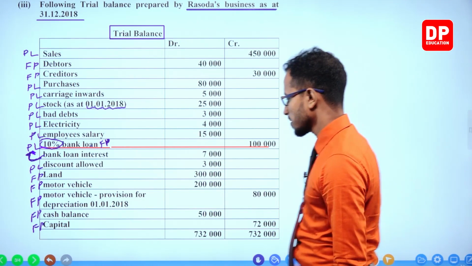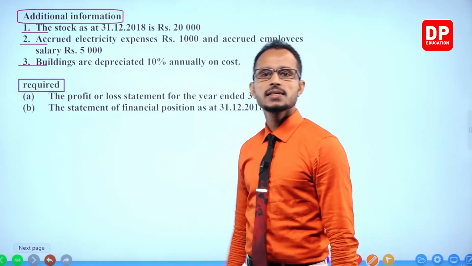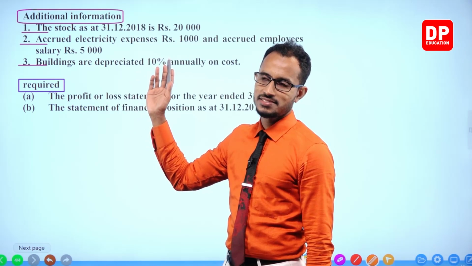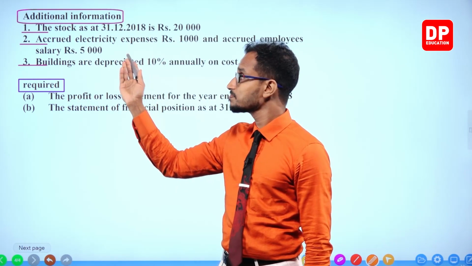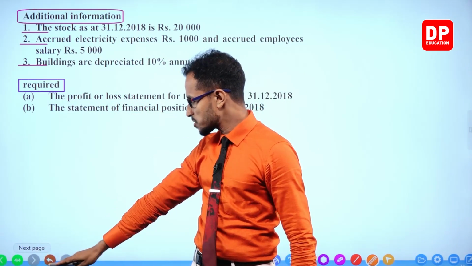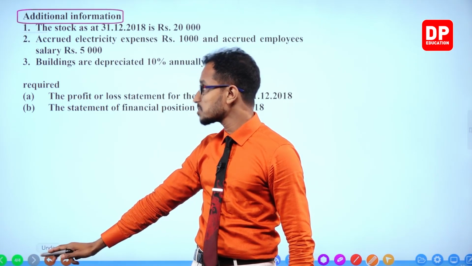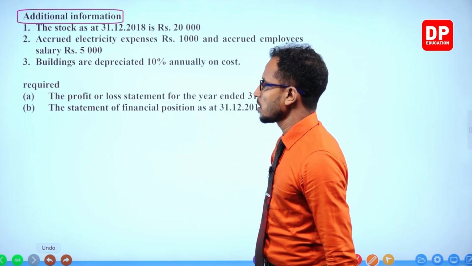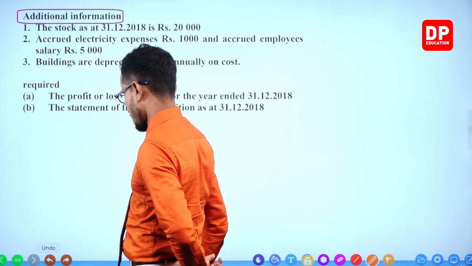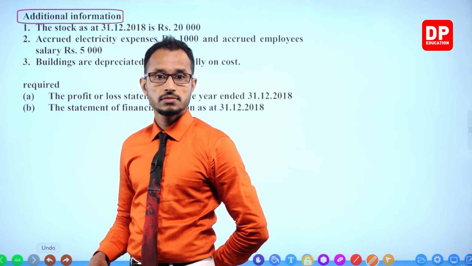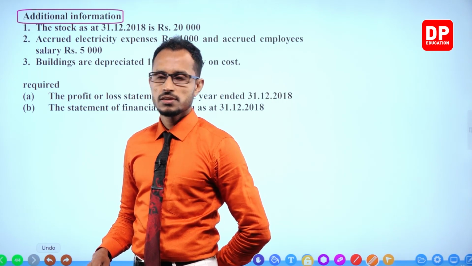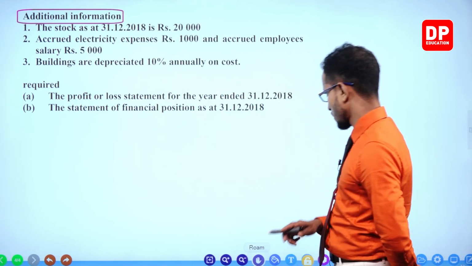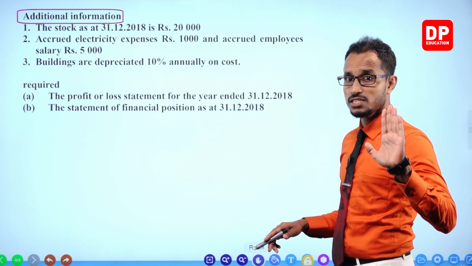Next step is going through the adjustments. Additional information means adjustments. We normally call them adjustments. Wait. Second step is drawing the statements. Not taking the adjustments.